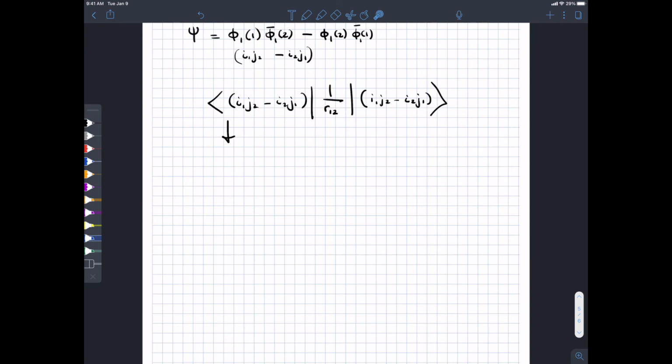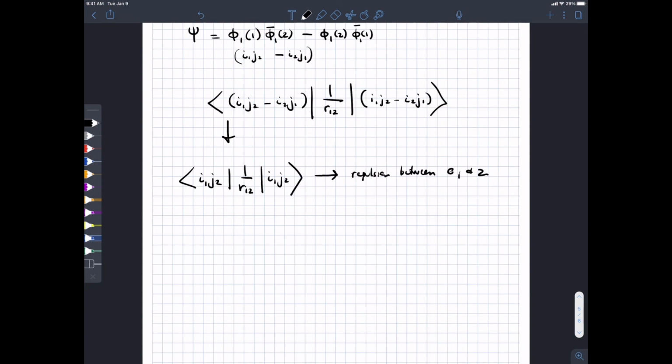So if we take this operator and apply it to this first term and then multiply it by the first term, we've got I1J2 times I1J2. And this is repulsion between electrons 1 and 2, which is easy and makes sense.